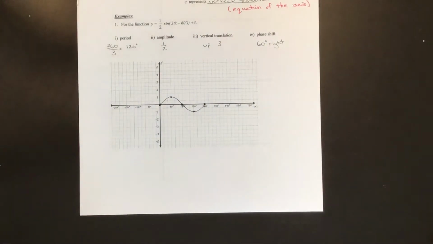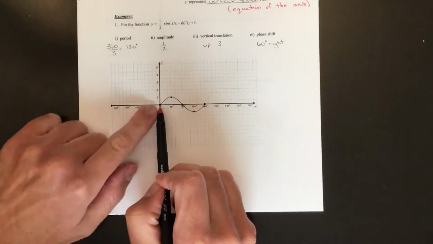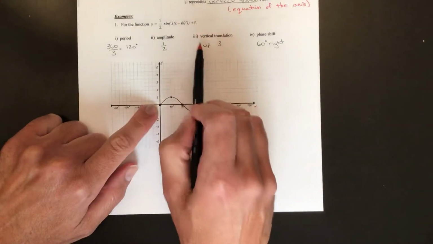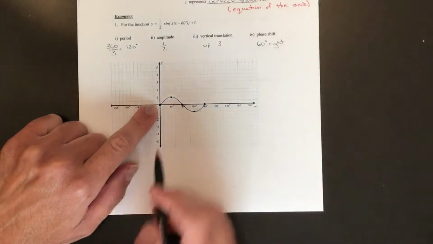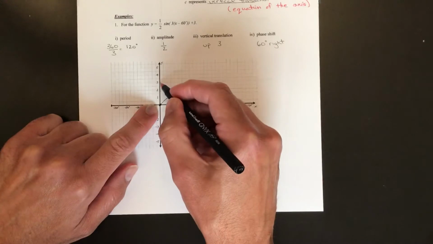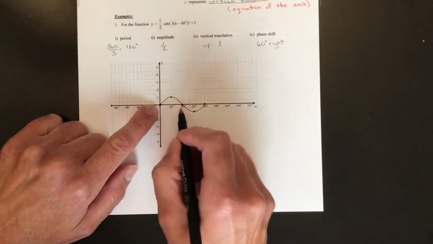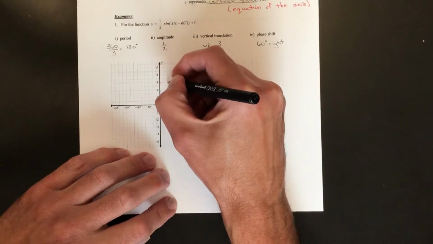And we're going to follow that same process doing the transformed function. So this point here, starting at 0, 0, is now going up 3 and 60 degrees to the right. So if we go up 3, 1, 2, 3, and then each of these markings is separated by 30 degrees. So we go 30, 60.